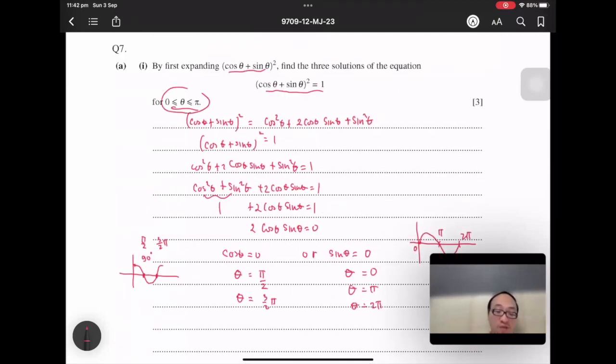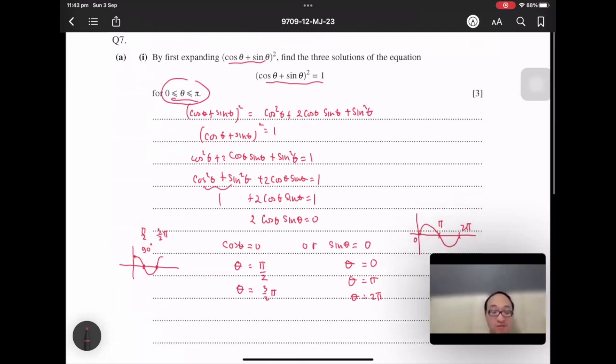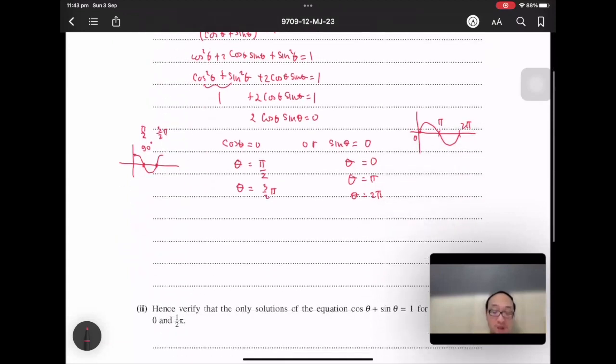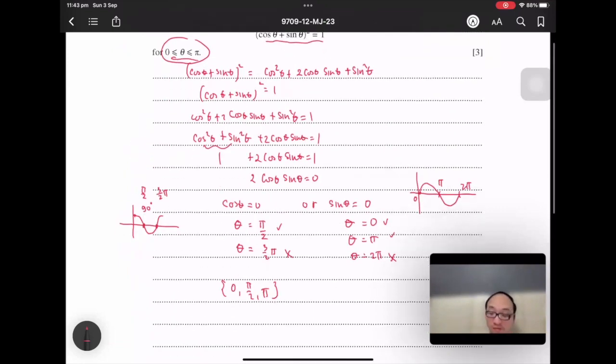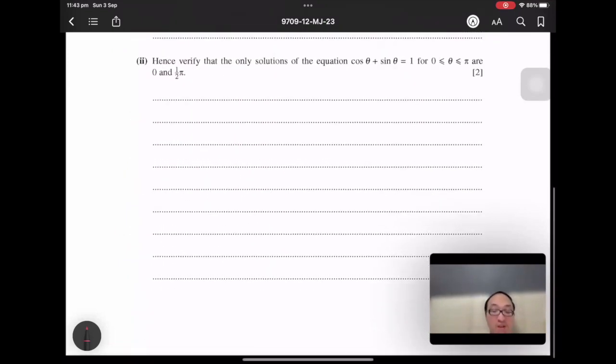Since the range of theta should be between 0 and pi only, we only take pi over 2, 0, and pi, and ignore the other two solutions. It should be 0, pi over 2, and pi. Hence, verify that the only solutions of the equation cos theta plus sin theta equals 1 are 0 and half pi.